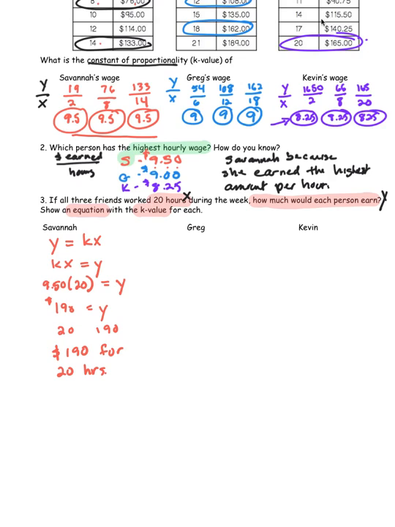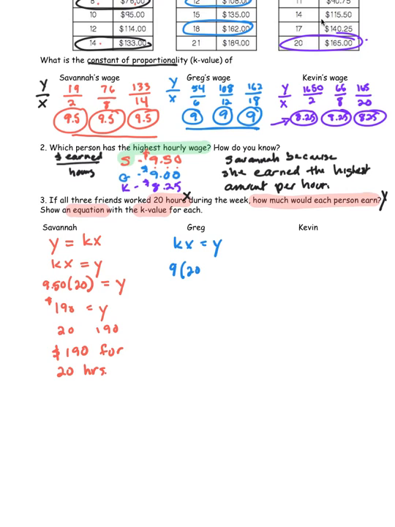Let's now look at Greg's information. Again, we want to use this Y equals KX, or in this case, KX equals Y. For Greg, he earns $9 per hour. So that 9 is a constant of proportionality, also known as the K value.